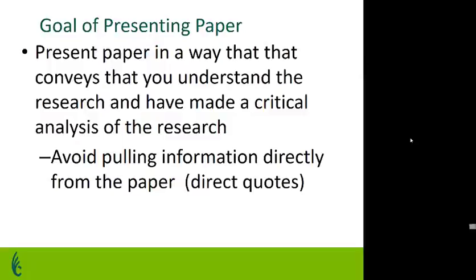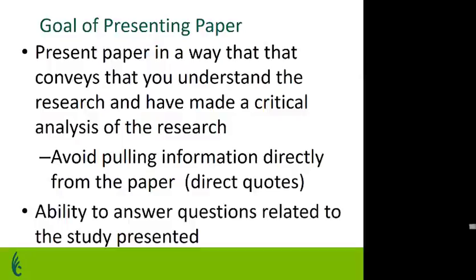You need to put things in your own words as you're presenting your primary literature. Also, you need to know the paper thoroughly enough to answer questions related to the study that you're presenting.